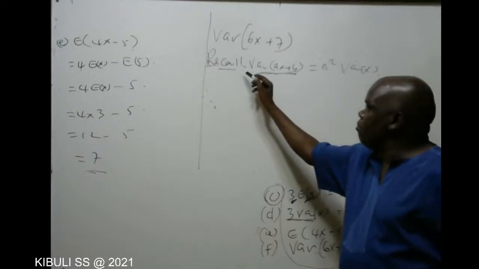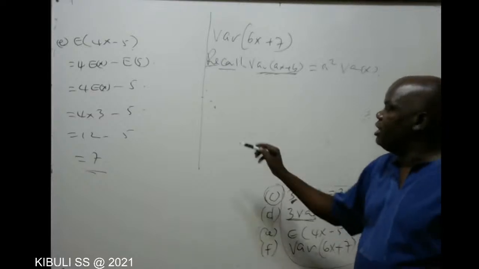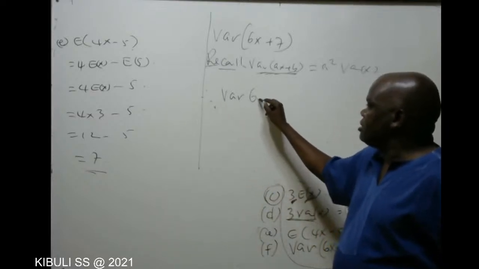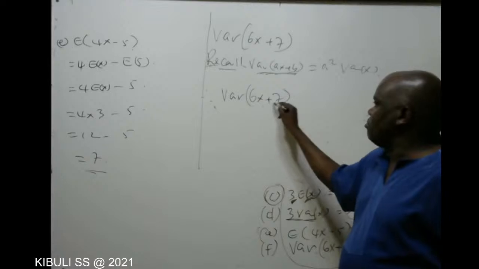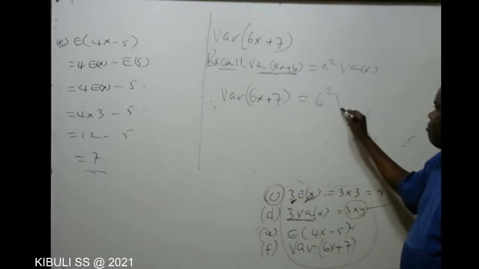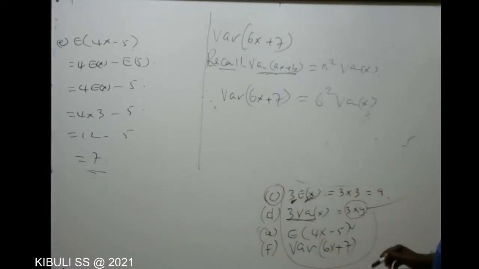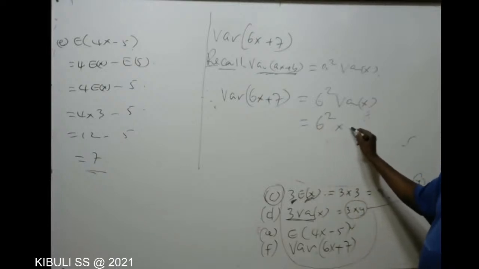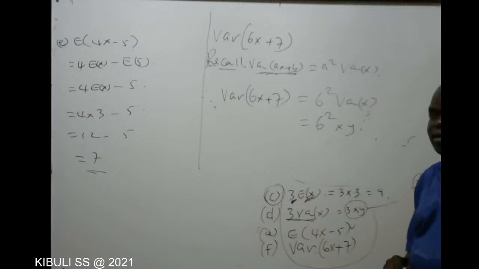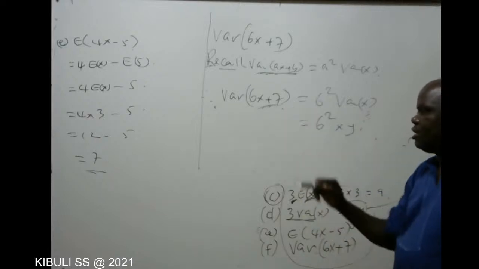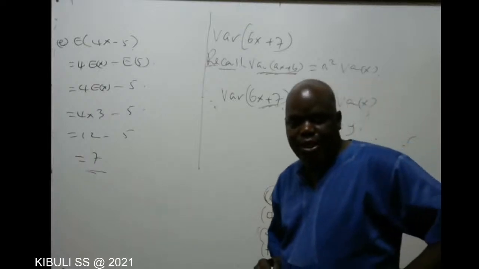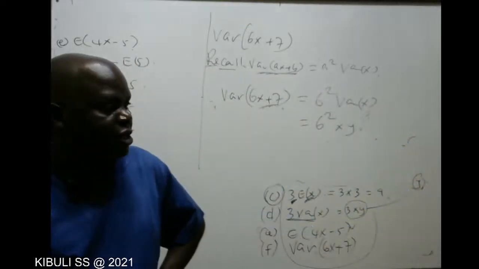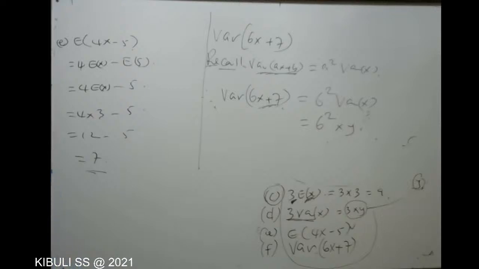You say, from the variance of this one being equal to that one, the variance of 6x plus 7 shall be equal to 6 squared, variance of x. But remember, I called my variance of x to be equal to y. So if the variance of x is equal to y, this will be equal to 6 squared times y, and that will be the variance of the whole of this one. So that's the application of the issue of the variance and the mean.